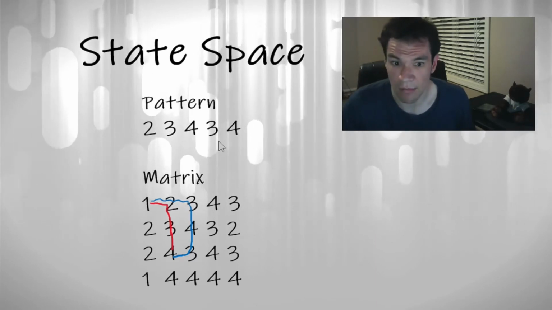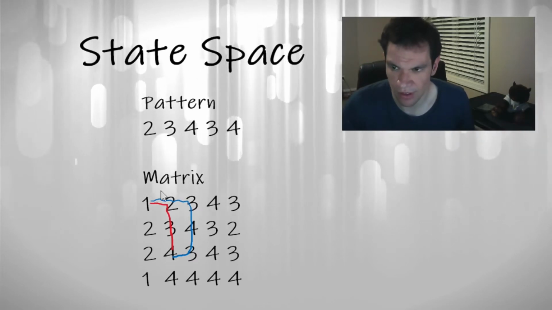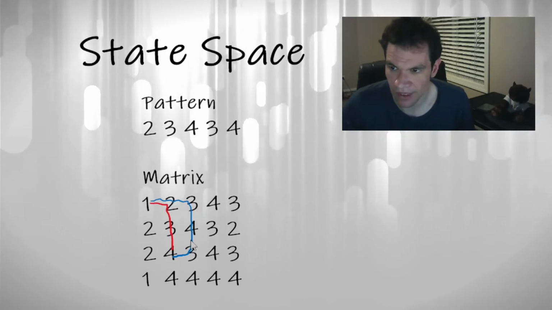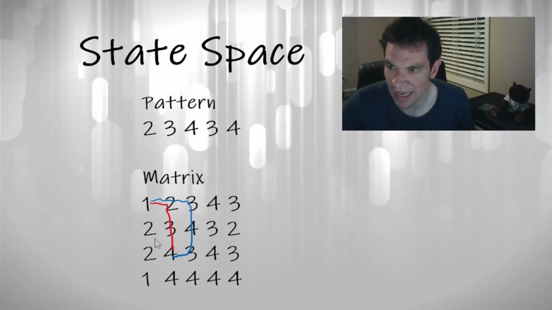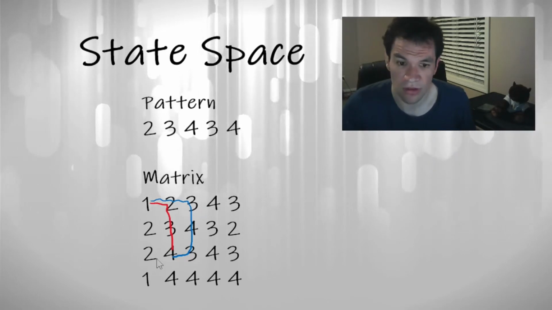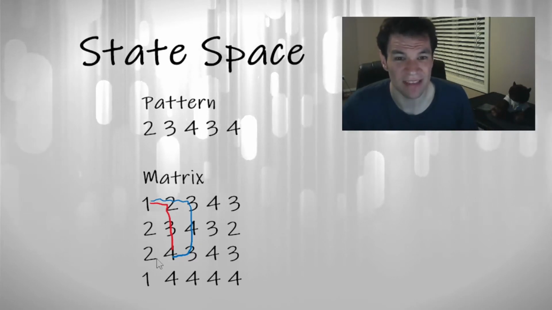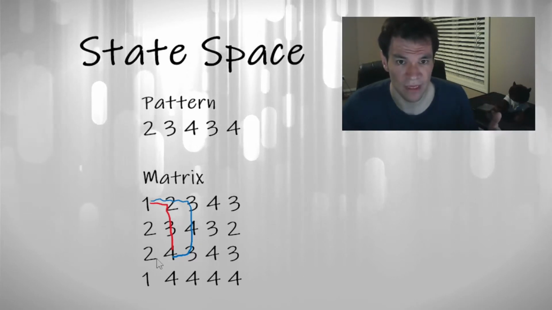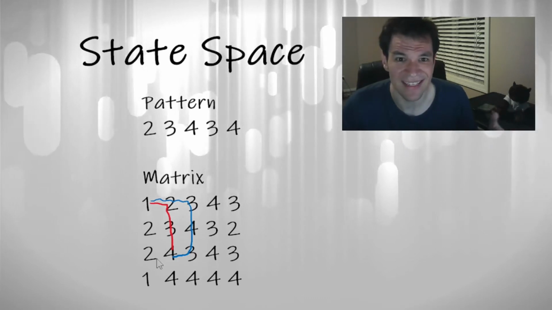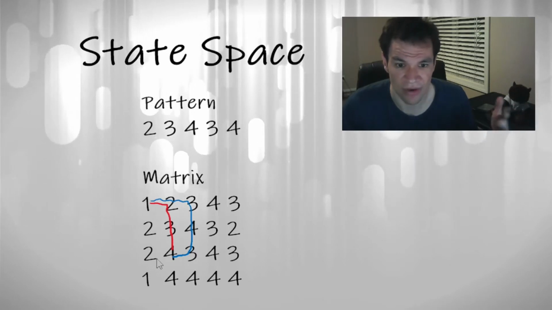But the blue path can indeed go to the 2 because it's 2, 3, 4, 3, 4, and the next number should be a 2. So just the row and column is not enough to define the state here. There is something else needed to fully describe the restriction.